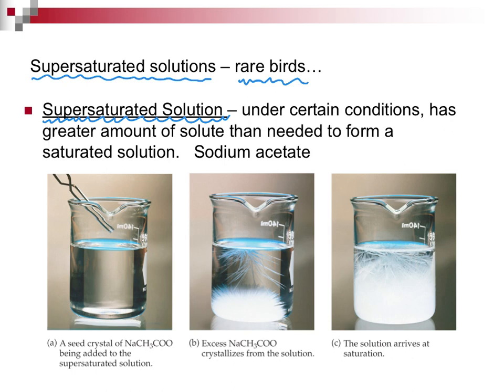Here's where I am sad we were not in class. And as I describe this to you, I'll tell you why, okay? Under certain conditions, and again, sodium acetate, you can have a greater amount of solute than is needed to form a saturated solution. So you're looking at this solution and it's very clear.